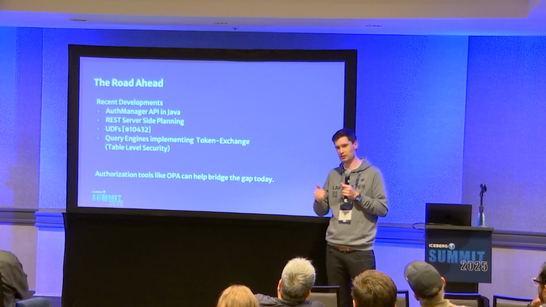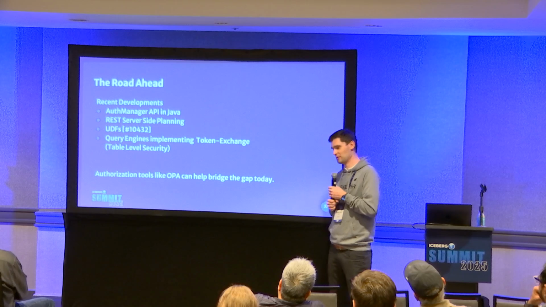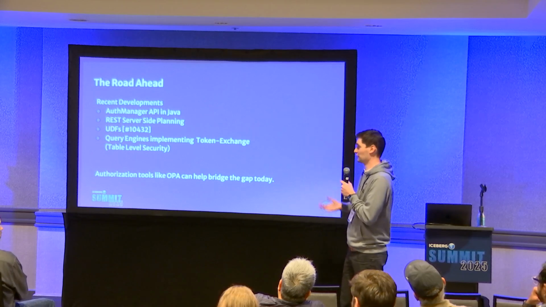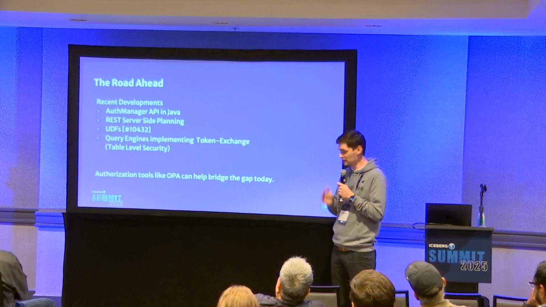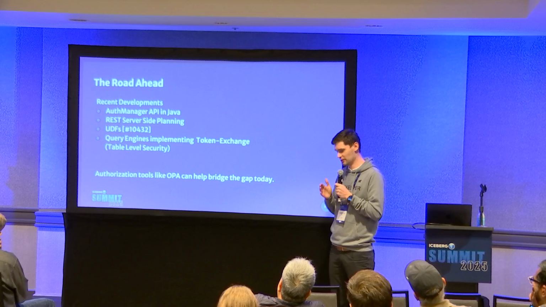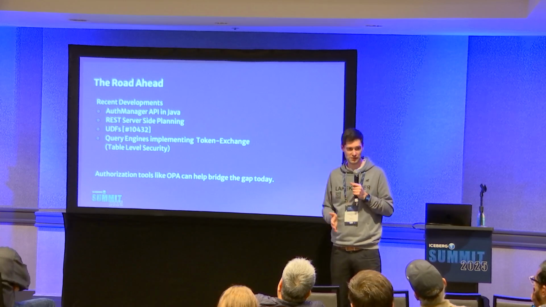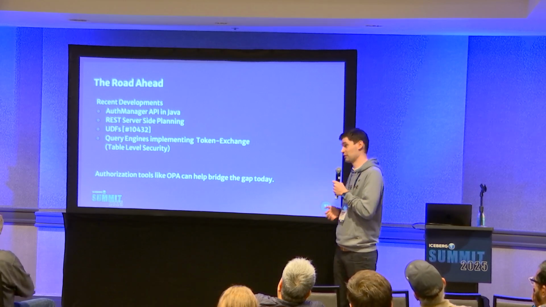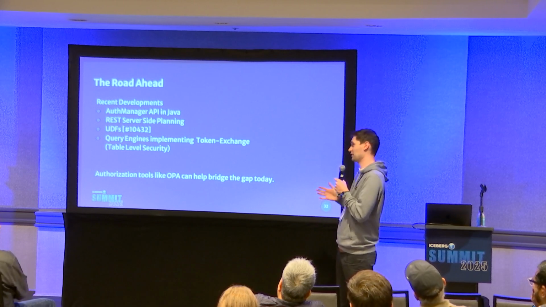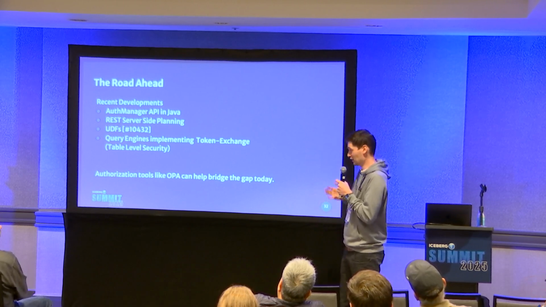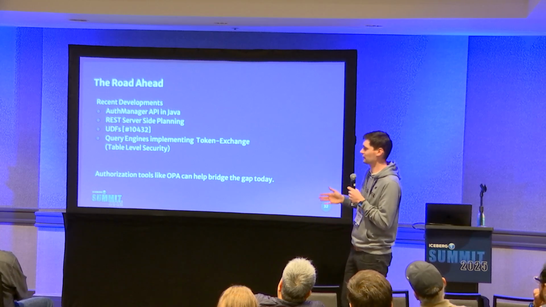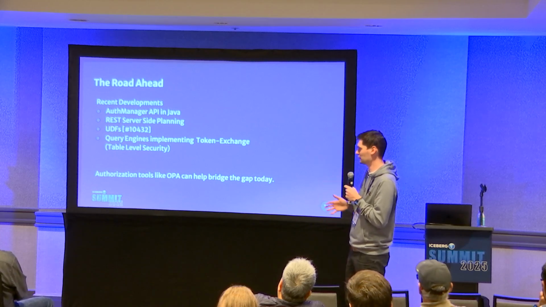Because it's asynchronous, we don't need to return immediately, so we have a little bit of time. Especially regarding column or row level security, there is the option that the catalog writes out files also for untrusted clients, removing some columns, removing some rows. But it's super costly, and we really need to think about whether we want this. So there is this option out there that we can use.